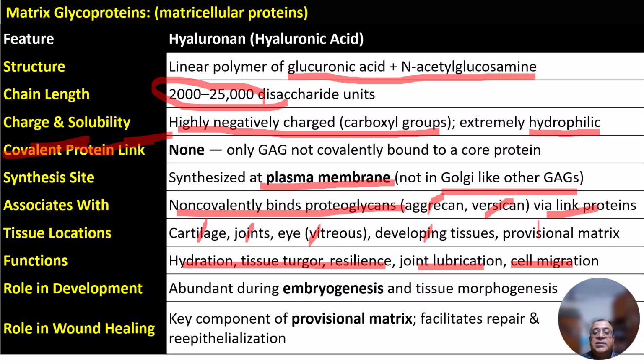They are present in abundance during embryogenesis and tissue morphogenesis, hence they have some role in the development of the tissue. They are a key component of provisional matrix and facilitate repair and re-epithelialization, which emphasizes their role in wound healing.